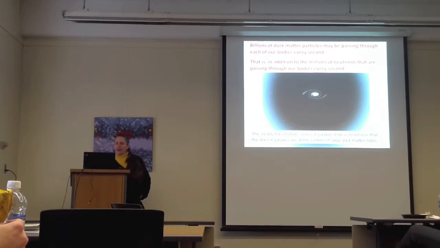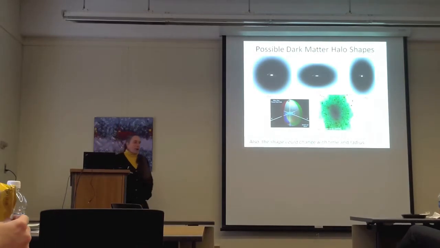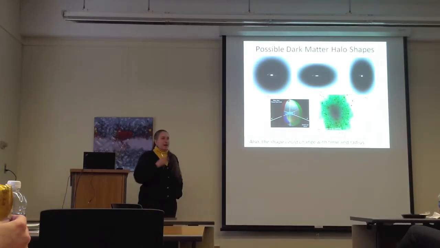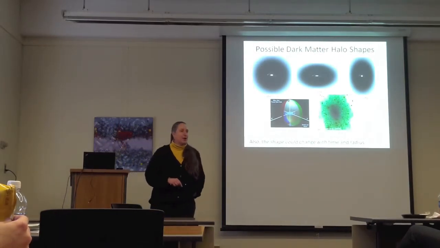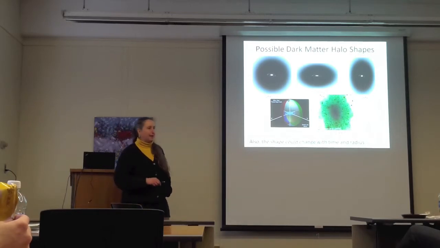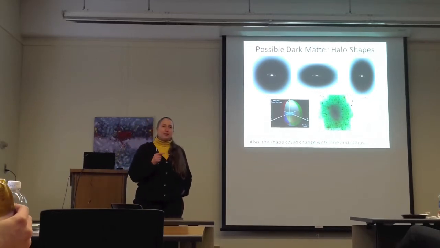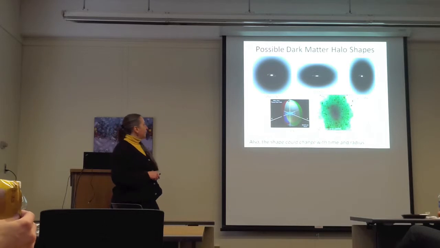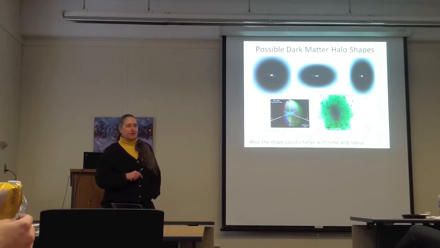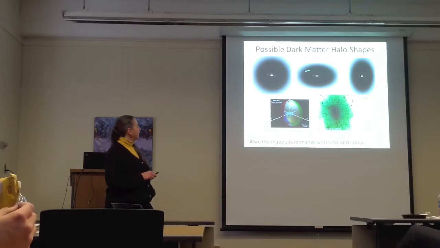All right. Okay. So what we don't know about dark matter is astounding. Like we don't know what it is or how to get it or how to find it. No one's ever found one of these. But what's even more astounding is that in the Milky Way galaxy, we have no idea what the distribution of the dark matter in the galaxy is. There aren't a lot of constraints on it. It could be spherical. It could be squashed towards the disk. It could be oblate like a football. It could be triaxial.